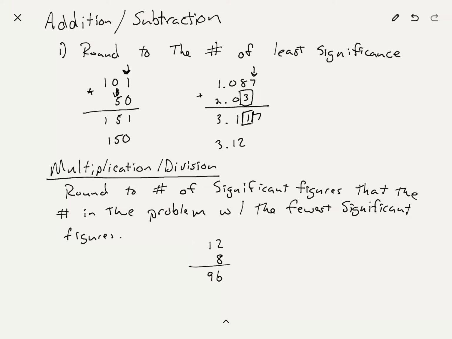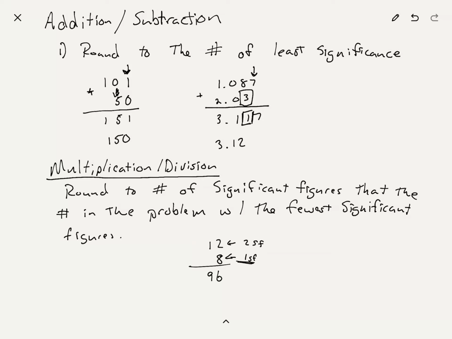So 12 times 8, 96. But if we look at this, 8 only has one significant figure, and 12 has 2 significant figures. So at the end of the day, we need to round the answer to one significant figure because it's got the fewest number of significant figures in our problem.